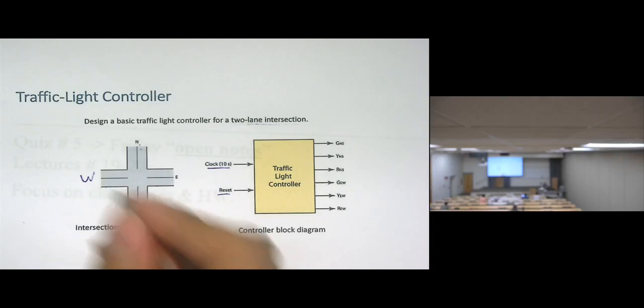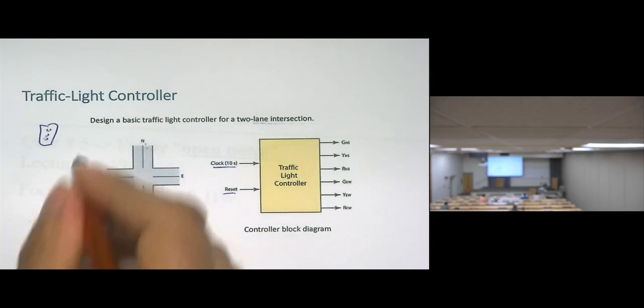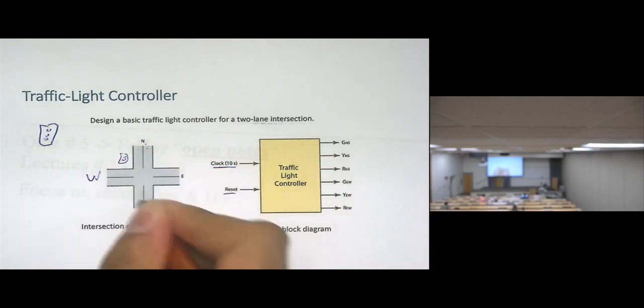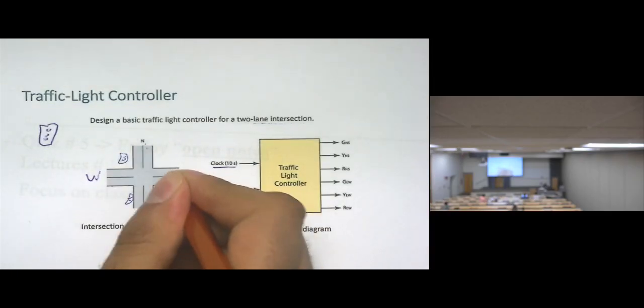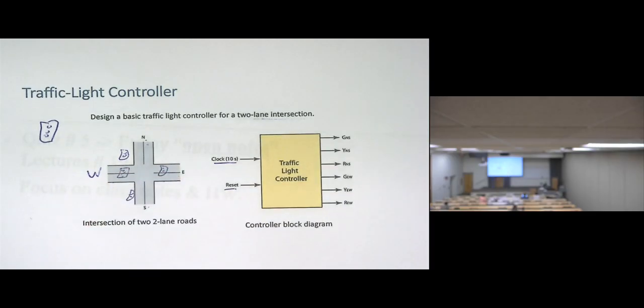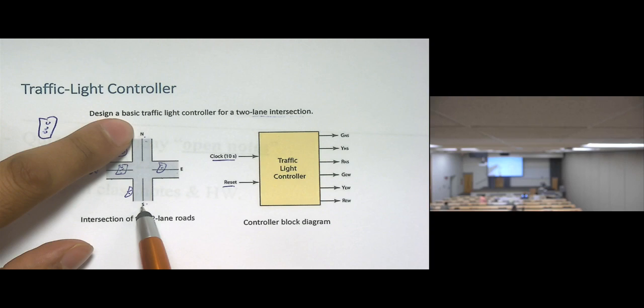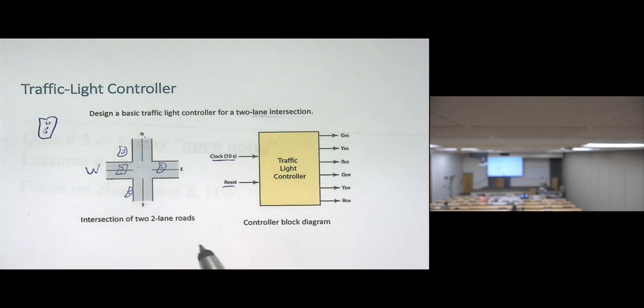We will assume only the basic traffic light. So we have one traffic light for each direction. Basically, south and north will turn on together, and east and west will turn on together. They should be synchronized together.